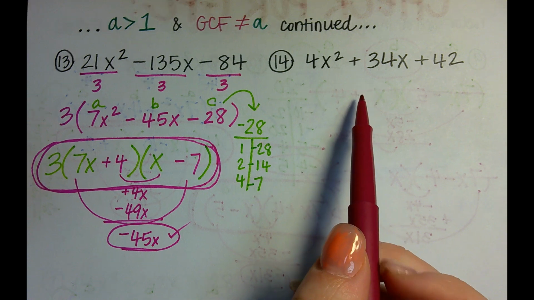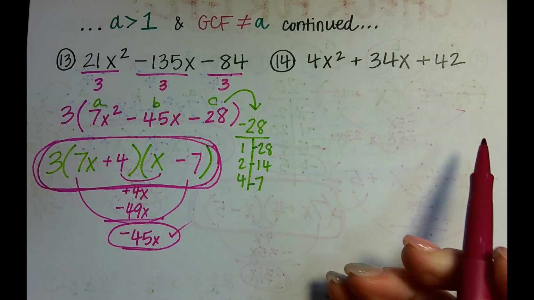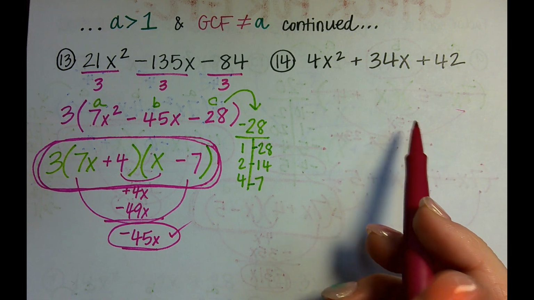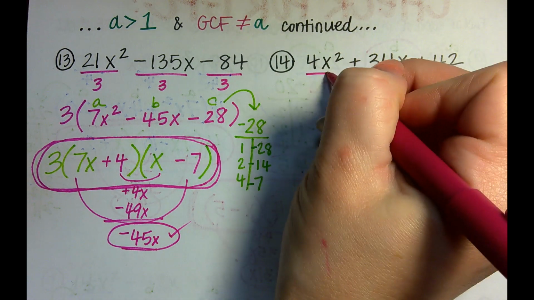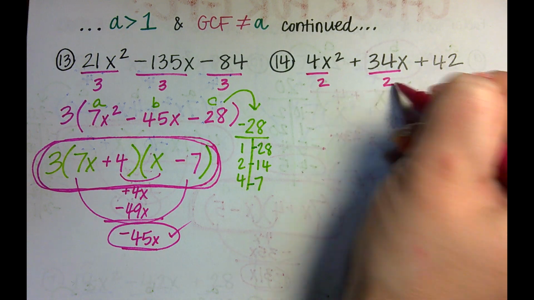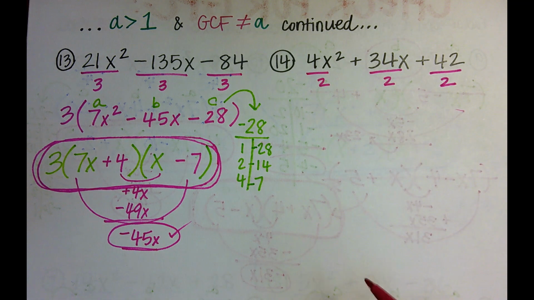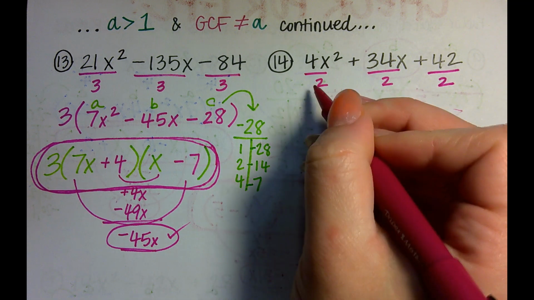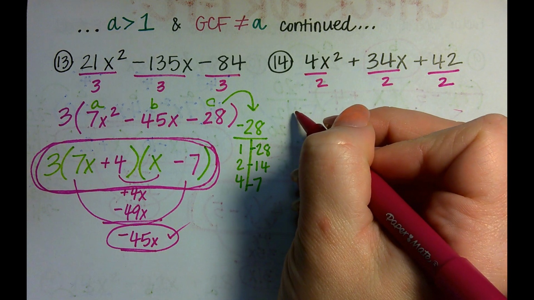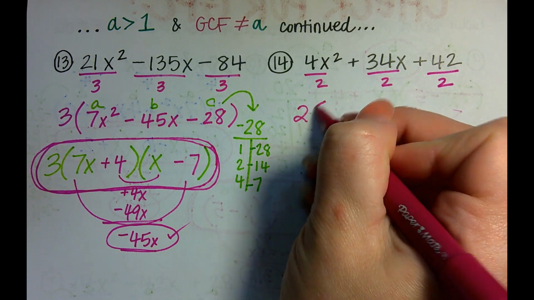4x squared plus 34x plus 42. Can I divide by anything? 2. Let's do it. Divide by 2. And where does that 2 go now? Now it's on the outside of parentheses.